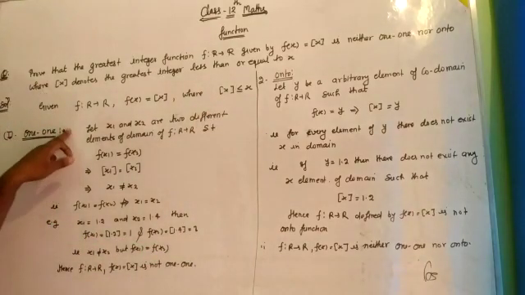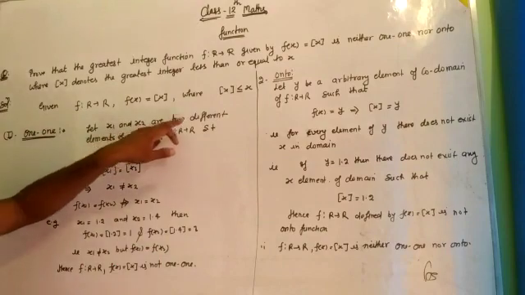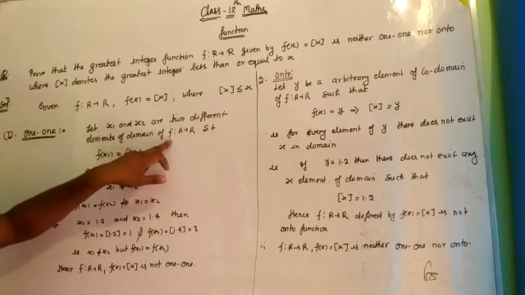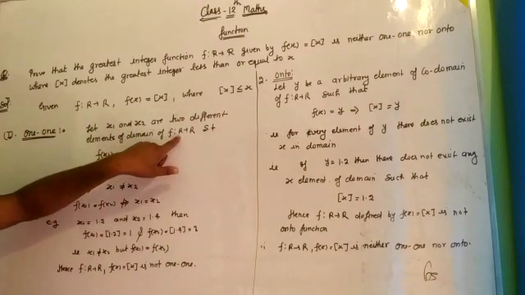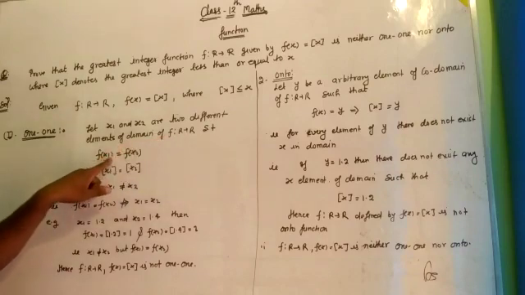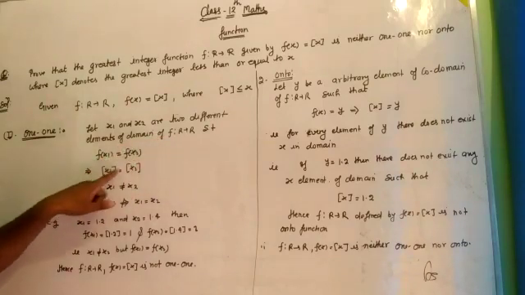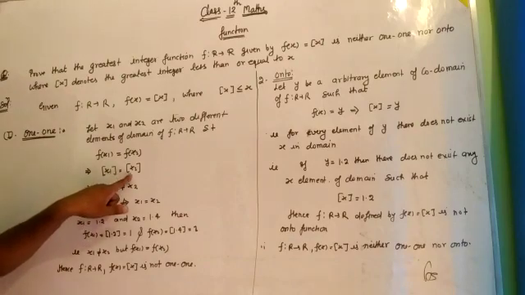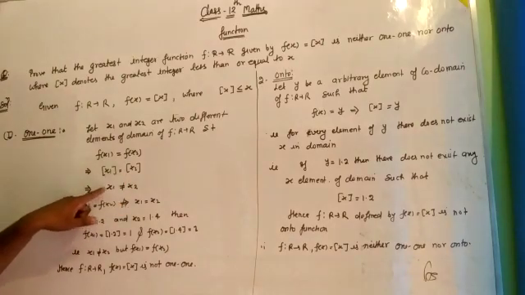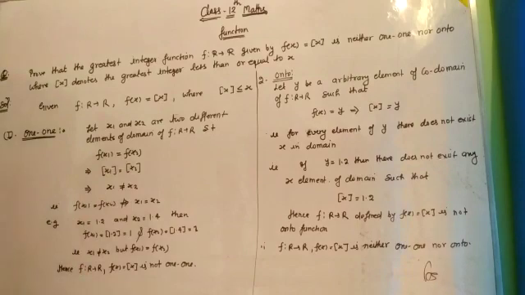First, one-one. Let x1 and x2 be two different elements of the domain of f, that is R, such that f(x1) = f(x2), implying [x1] = [x2], implying x1 is not equal to x2. This is clear through one example.